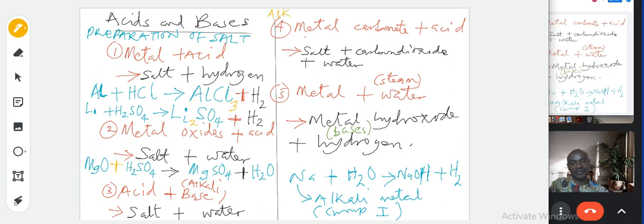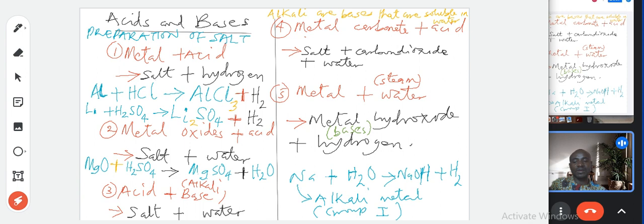Wait, I don't know how to explain it. Read what I wrote in yellow. Alkalis are bases that are soluble in water, okay?